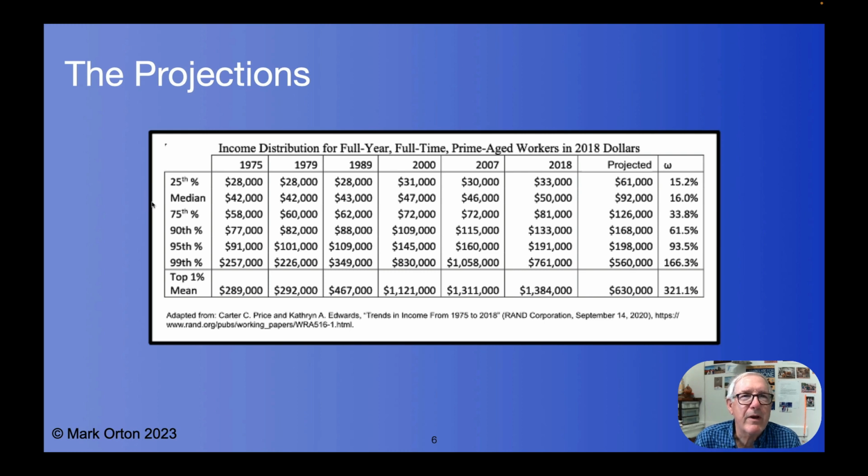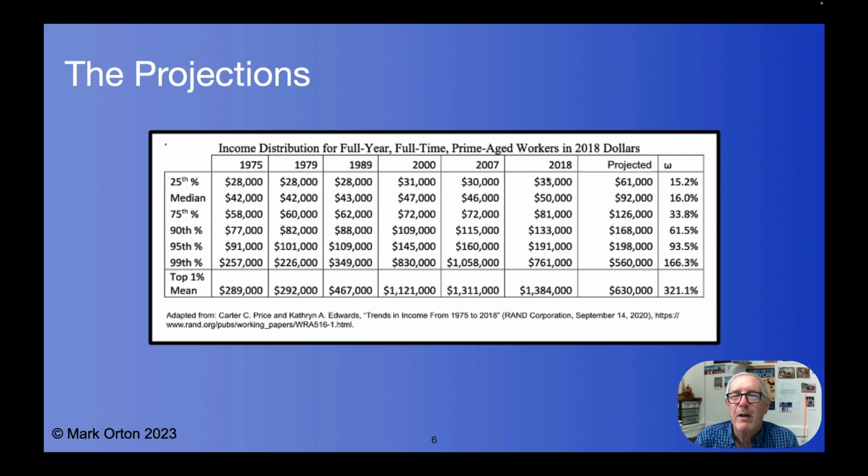What they did was they studied carefully what each of these segments of population, so this is the 25th percentile of the population, the median, so 50%, 75, and so on. They looked at how that income grew from 1975 to 2018. And we'll just stick with the 25th percentile for the moment. It grew from 28,000 to 33,000 in 2018.